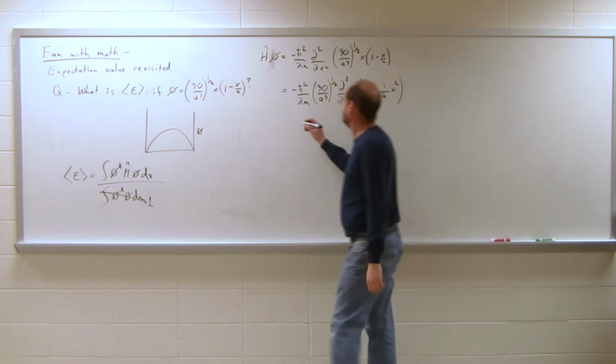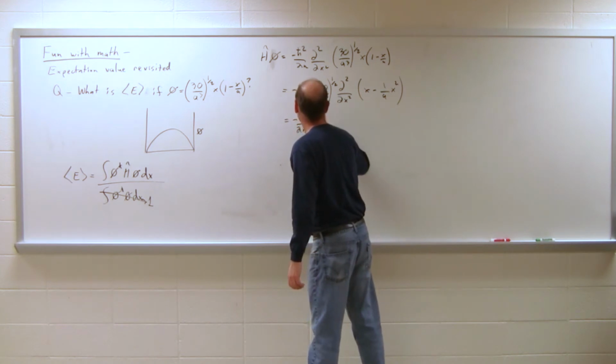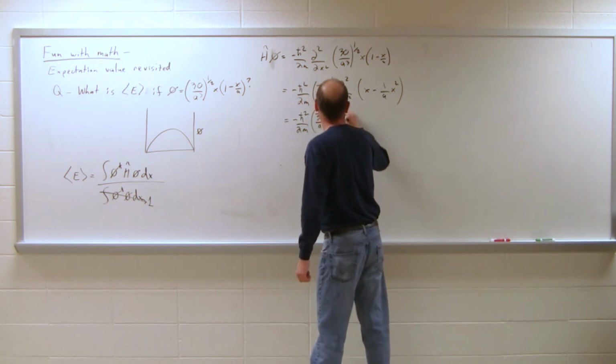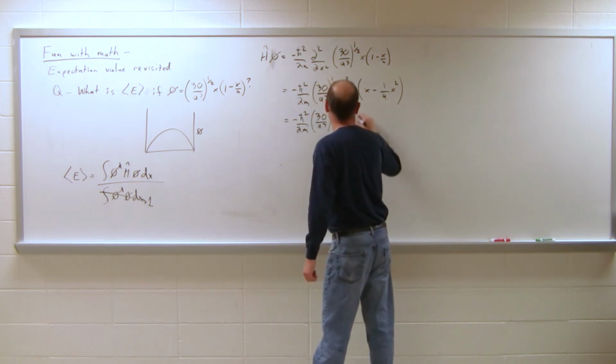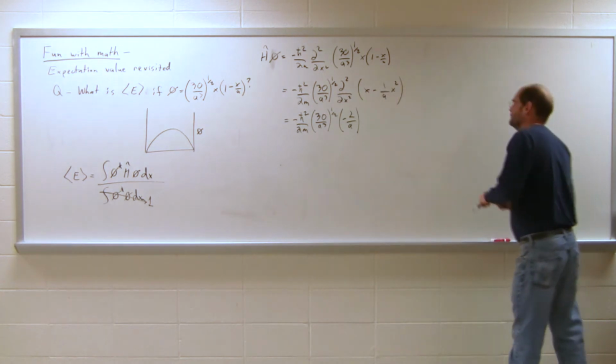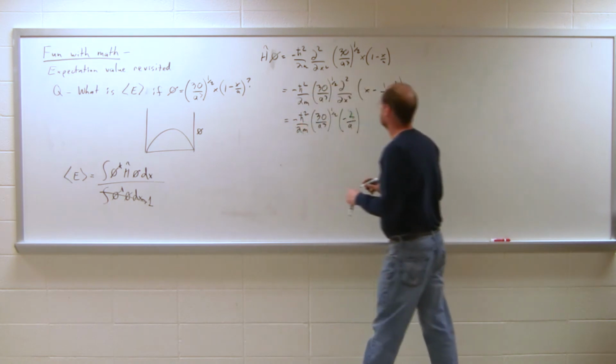And so I now have minus h bar squared over 2m, (30 over a cubed) to the 1/2, times minus 2 over a. I can do some canceling. My 2's cancel.